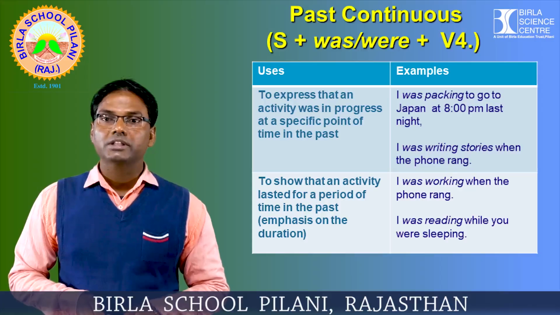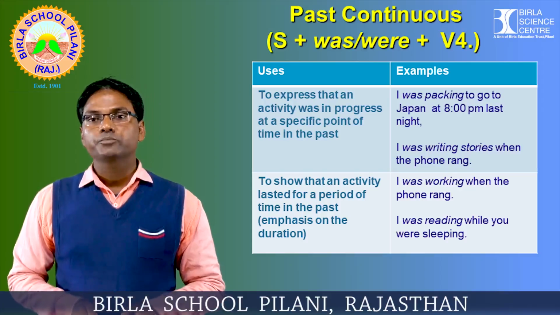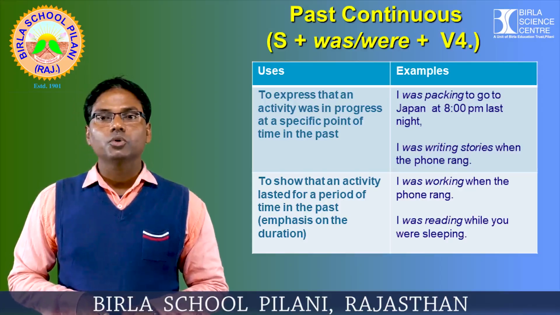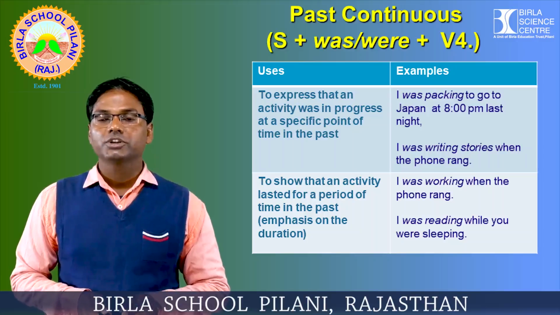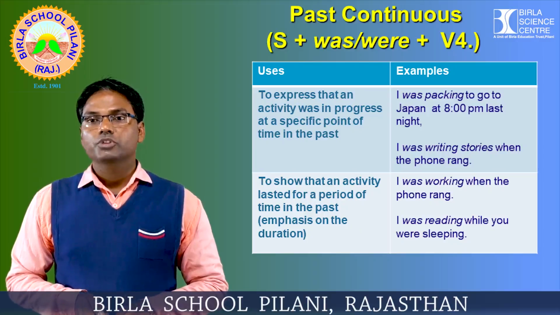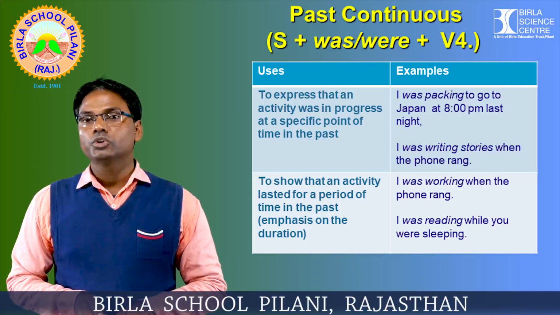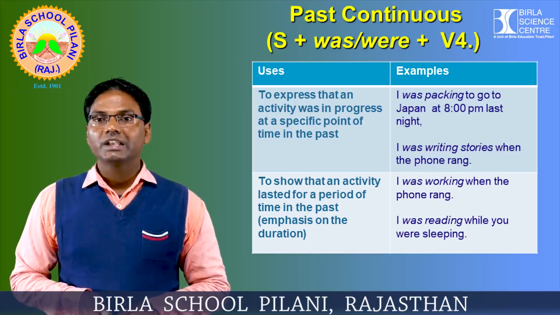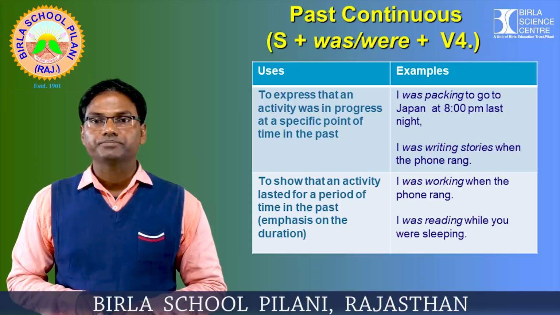Remember, last night indicates that at that moment I was packing, but presently I may not be packing or the packing work is over. That's why it is in past. Guys, you must find out the time indicative words which will help you to know and differentiate the tenses and their uses. Here, last night is the word which indicates the work was in the past.